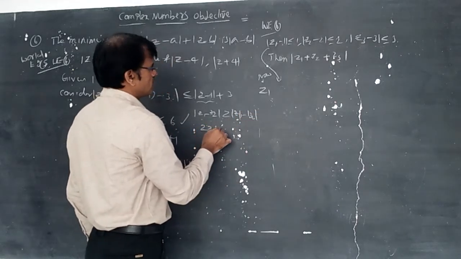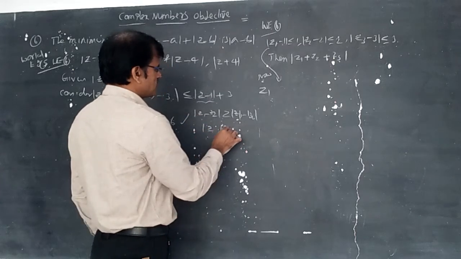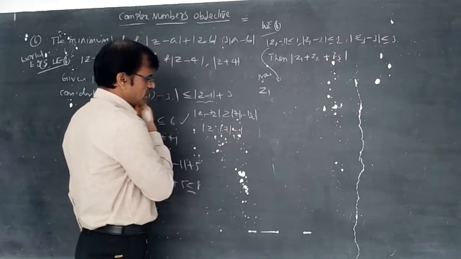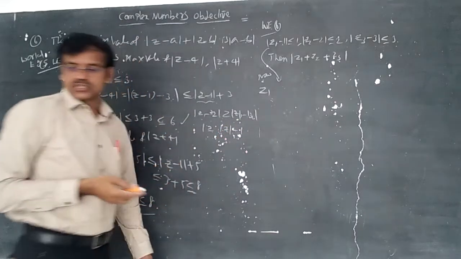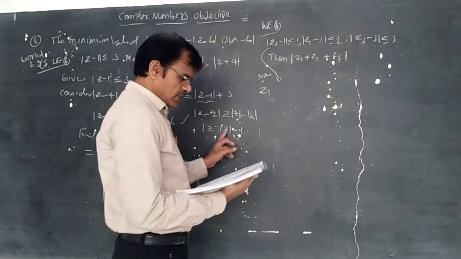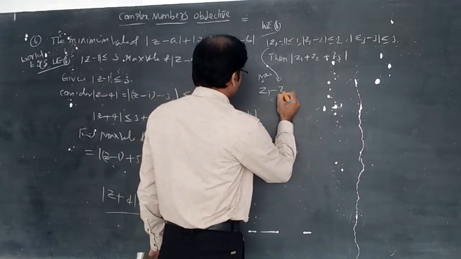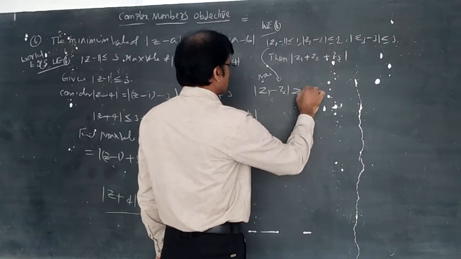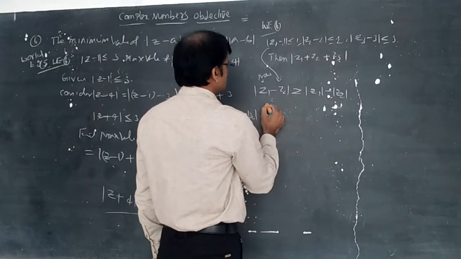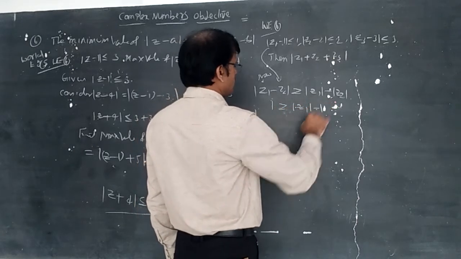So 1 is greater than or equal to modulus of z1 minus 1.